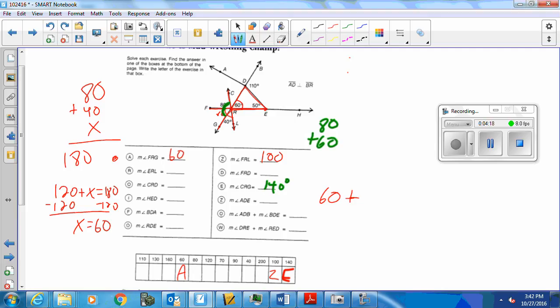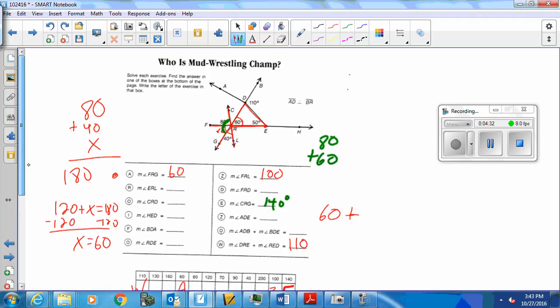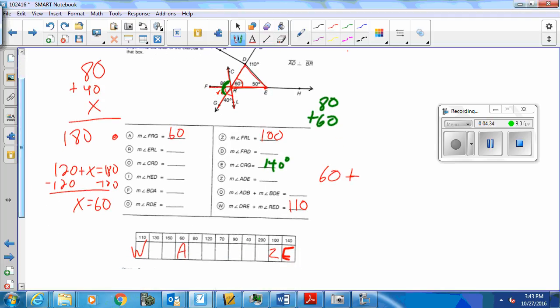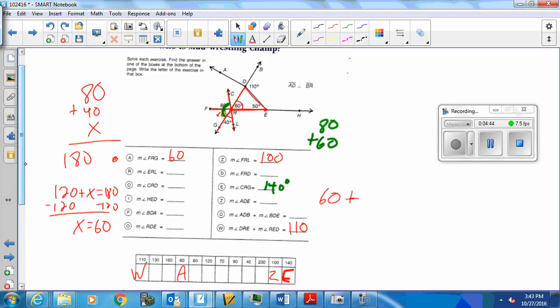So that's going to be 110. So it's going to be W. All right, so hopefully you can get the other ones. Go through and see. Remember, you have vertical angles on some of these. You have angles that equal 180. So go through and see what you can do.